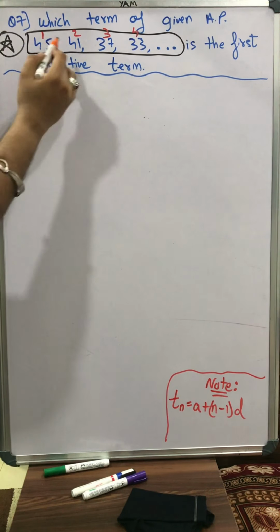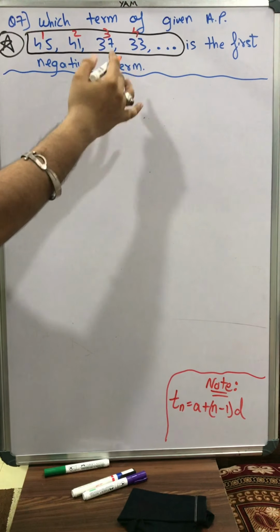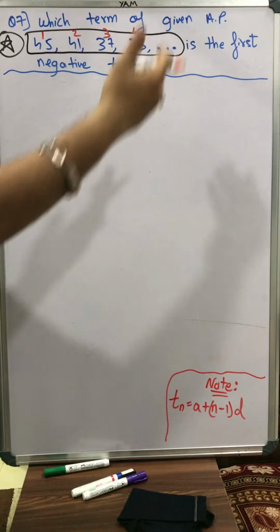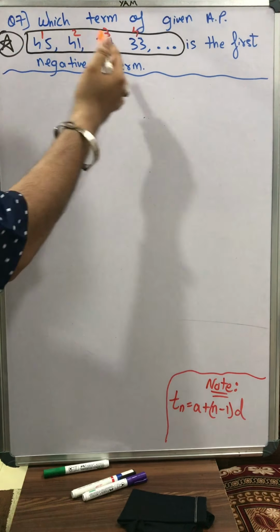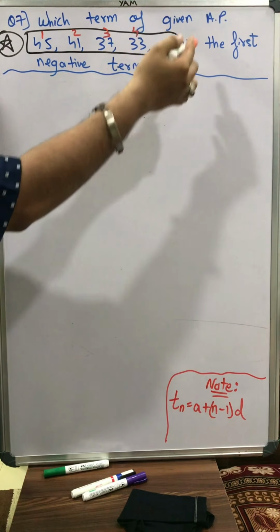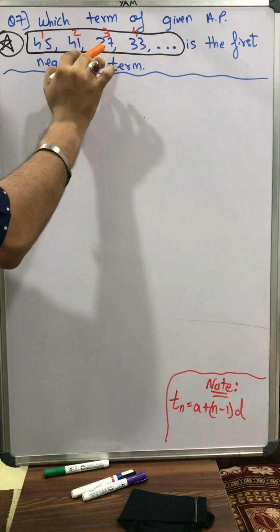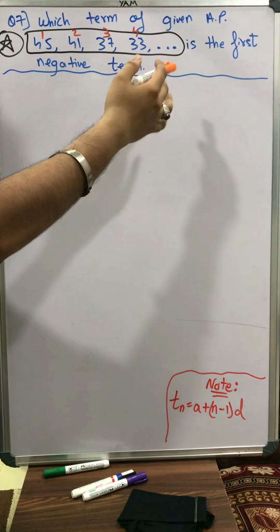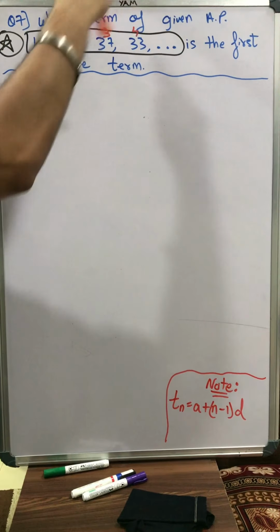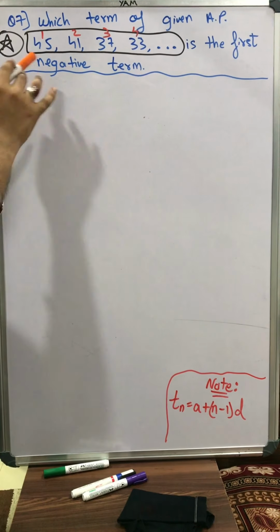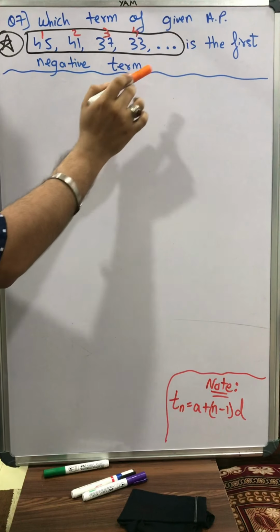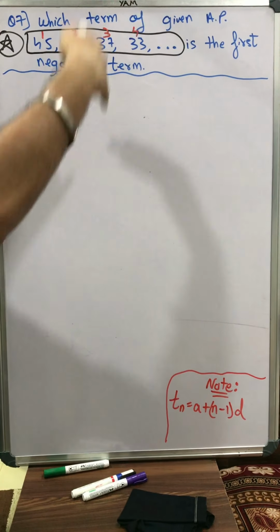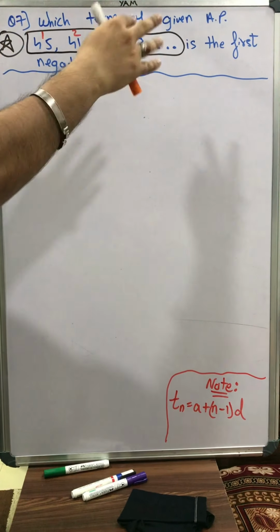After 45 comes 41, then 37, then 33, then I think 30 will come, and the numbers are always decreasing. So it's obvious, students, that one time the positive numbers will end and the negative numbers will start. Because there is no end, it's going to infinity.